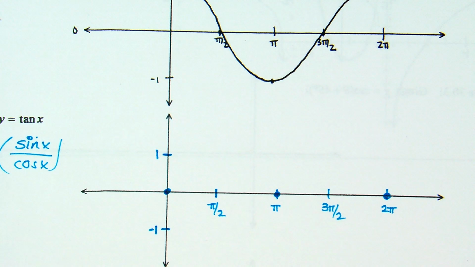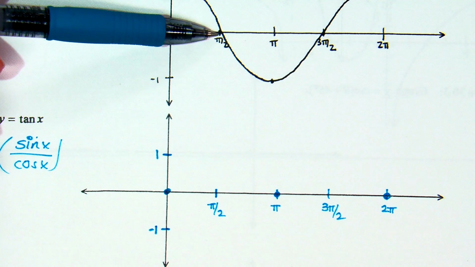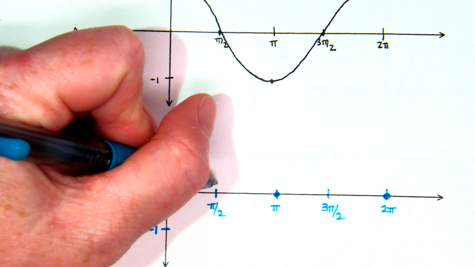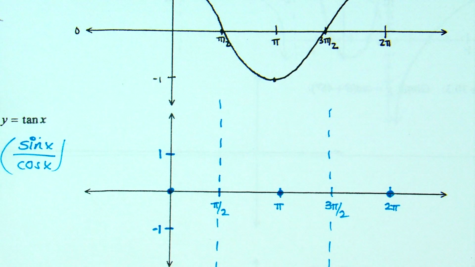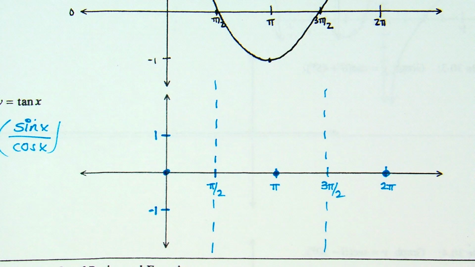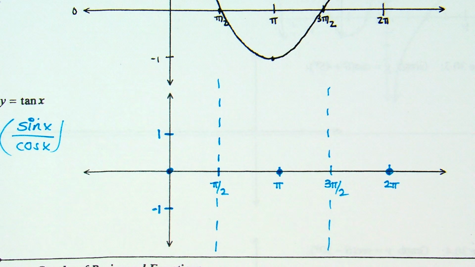Any place cosine would normally be 0, those are now going to be what? Asymptotes. So if cosine has zeros at pi over 2 and 3 pi over 2, these are asymptotes now. Okay? And then, as I said, it's that squiggle kind of in between.